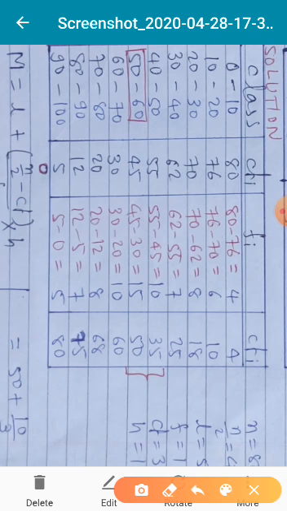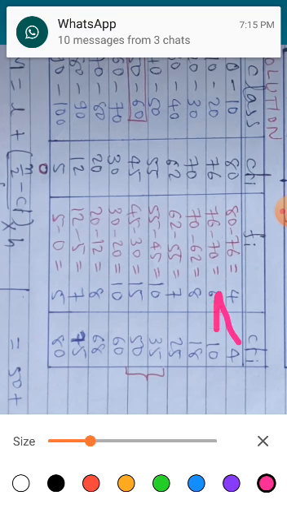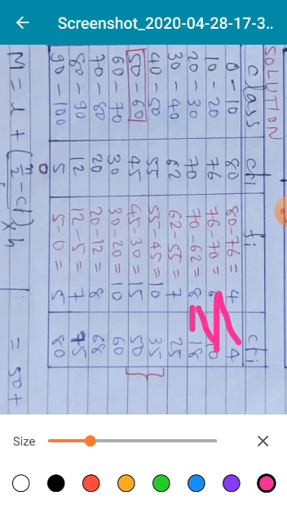So that is added this way only, like this. First one is 4, so 4 is added to 6, then it becomes 10. 10 is added to 8, it becomes 18. 18 is added to 7, it becomes 25, then 25 plus 10 is 35, 35 plus 15 is 50, 50 plus 10 is 60, 60 plus 8 is 68, 68 plus 7 is 75, 75 plus 5 is 80.